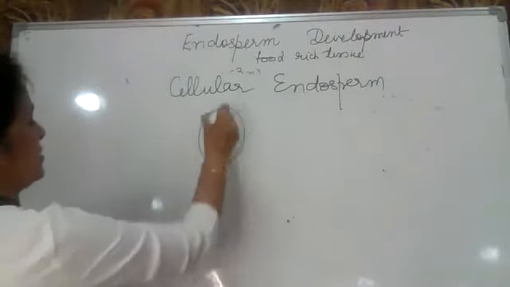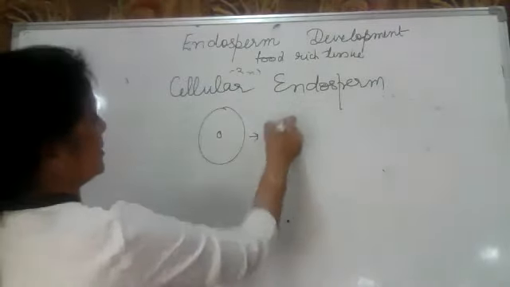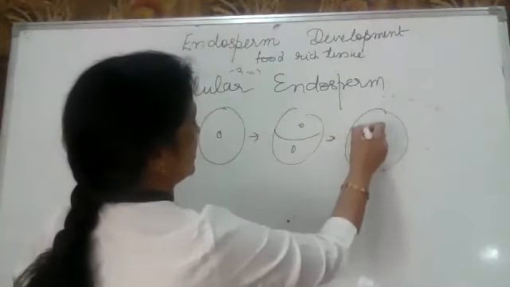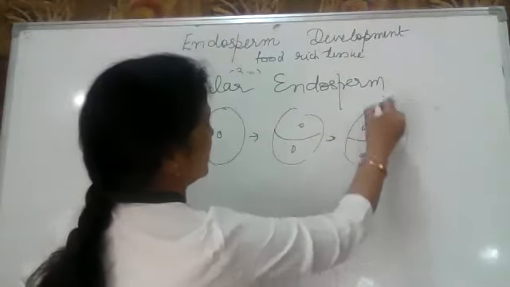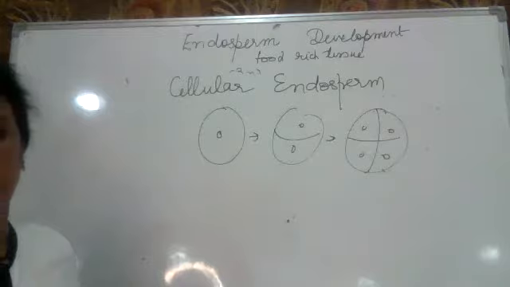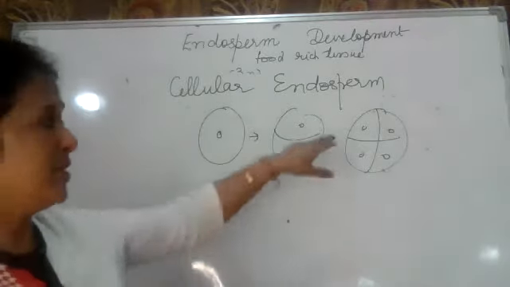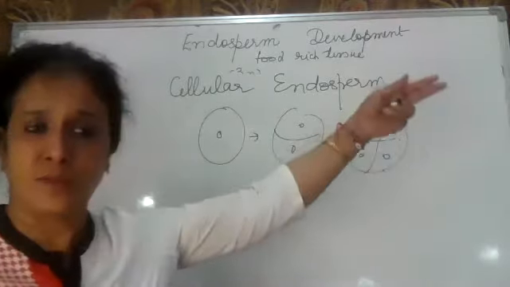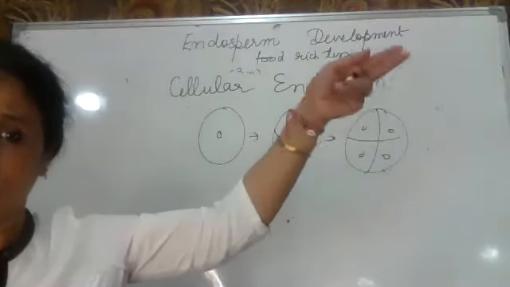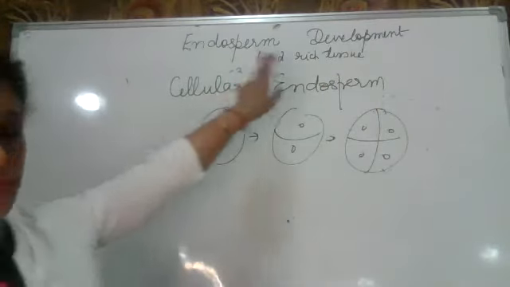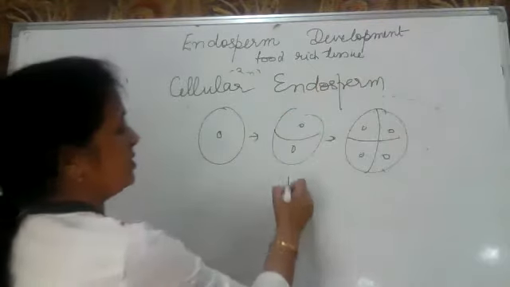So if there is one nucleus, the nucleus divides, followed by cell wall formation. Then there are 4 nuclei, and again this is followed by cell wall formation. In this way, the cells keep on dividing with cell wall formation subsequently. This type of cellular endosperm is found in Datura.